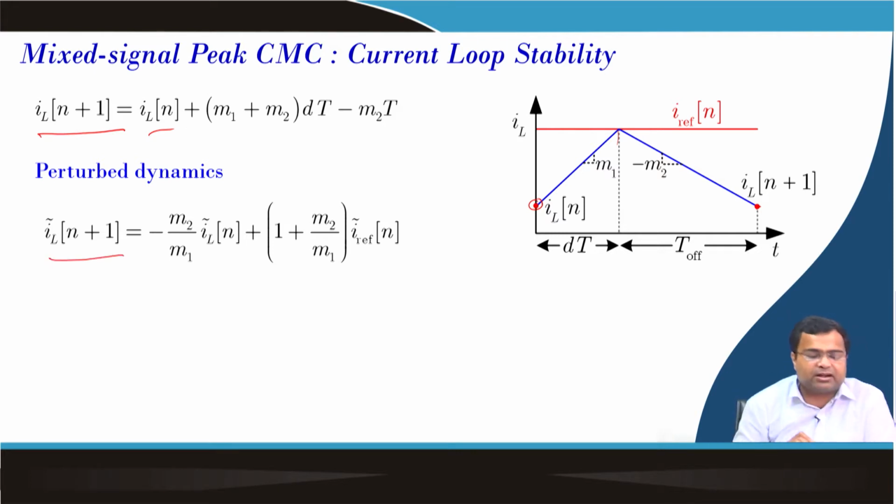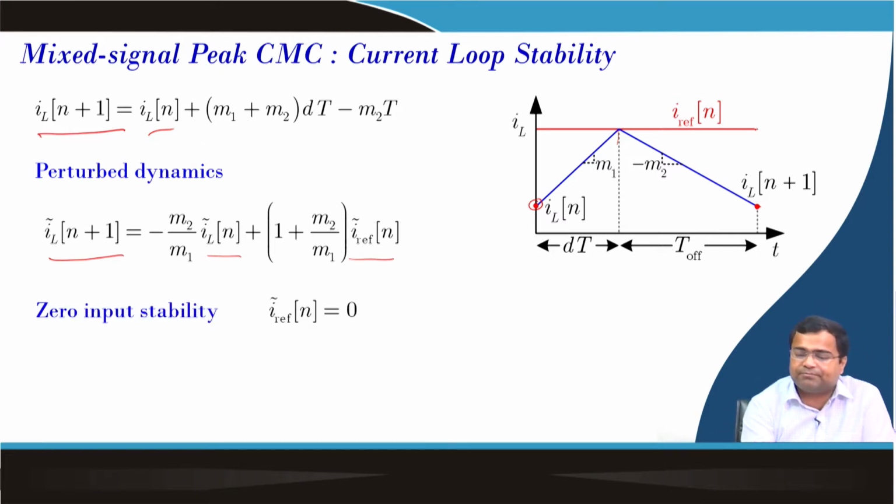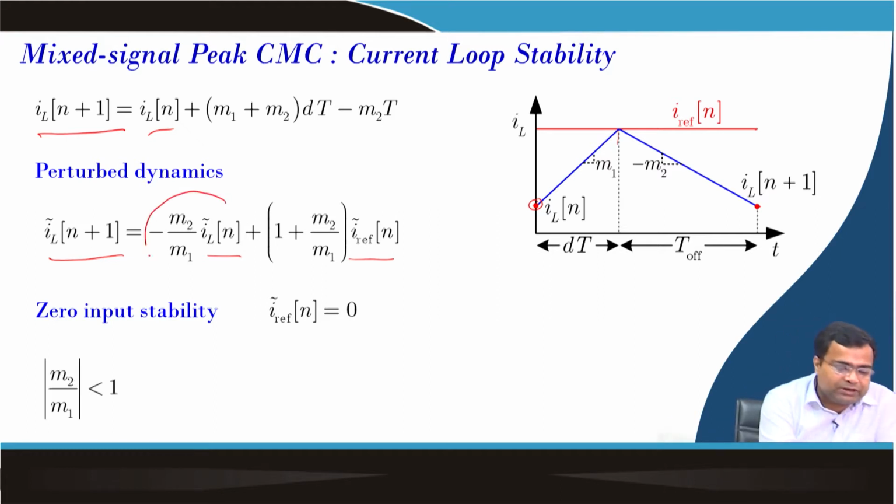The I_L[n+1] perturbation will be a function of the I_L perturbation and also a function of the I_REF perturbation. But if we do not perturb the reference current, that means we are talking about the fixed reference current, where only the inner loop is closed and we are using a fixed current reference, then the I_REF perturbation is 0, and only this term will remain.